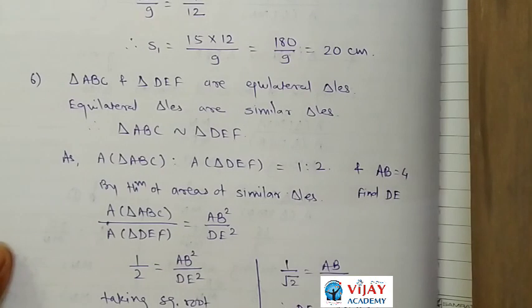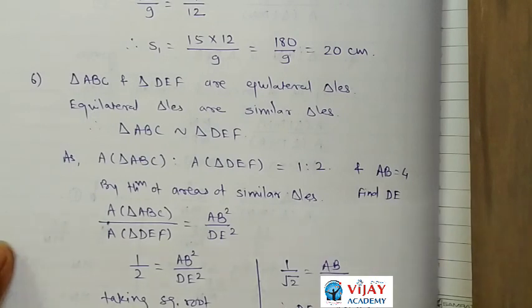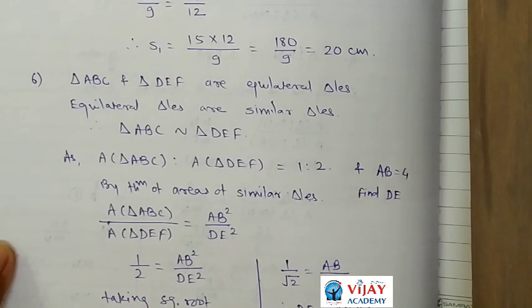Equilateral triangles are similar triangles. Therefore, triangle ABC is similar to triangle DEF, and area of triangle ABC to area of triangle DEF is equal to 1:2 and AB is equal to 4. Find DE.